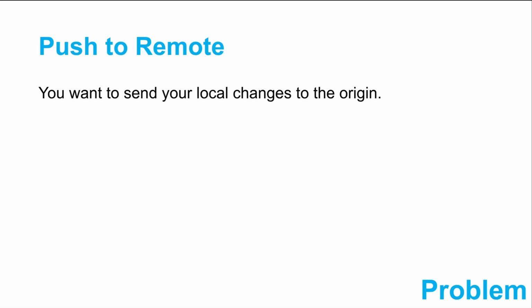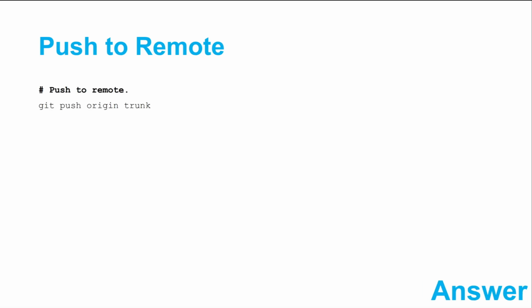Okay, so now we want to push those changes to our remote server. And it's just a command, as expected. Git push origin trunk. Now, let's break this down a bit. So git's the command. You're pushing, and then where are you pushing to?